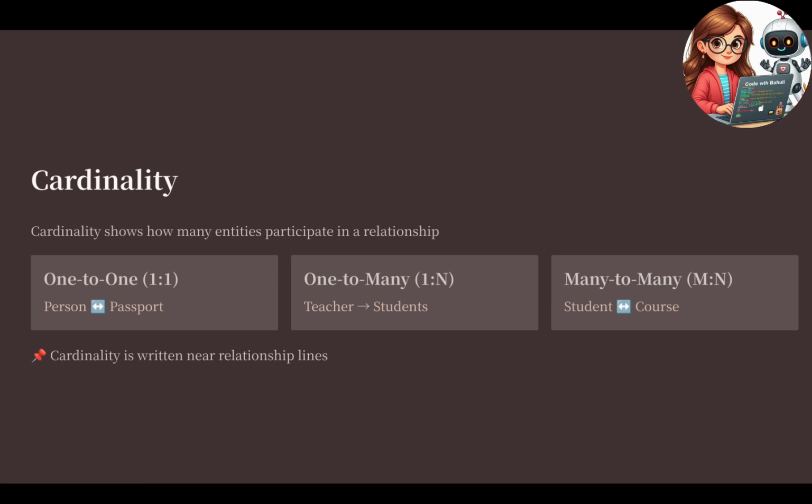So there is always one teacher and many students. That is an example of one to many. Then many to many is student and course. There are always many students who are accessing one course, or many students accessing many courses at the same time. So that is an example of many to many. Cardinality is written near relationship lines.